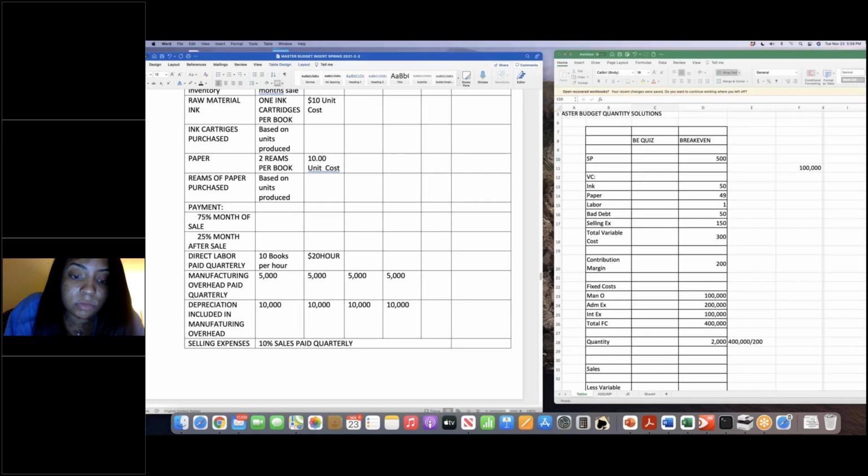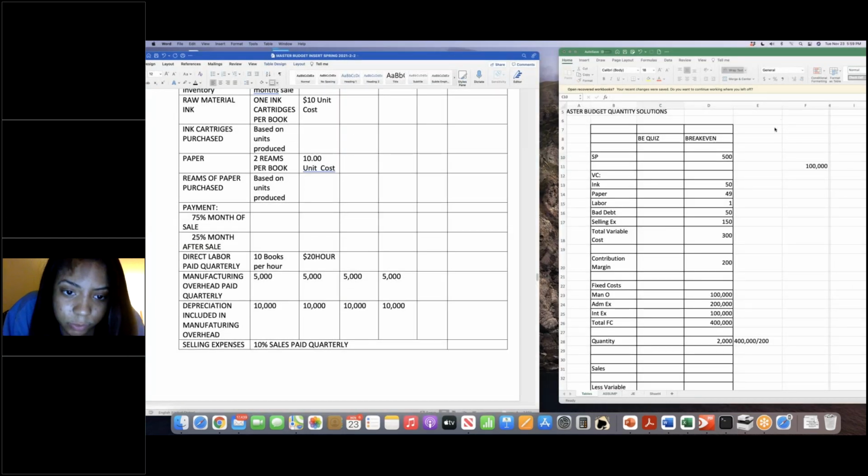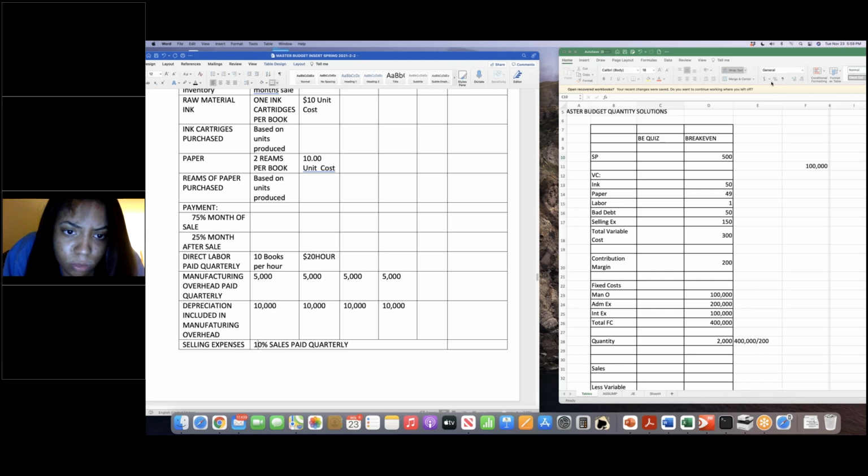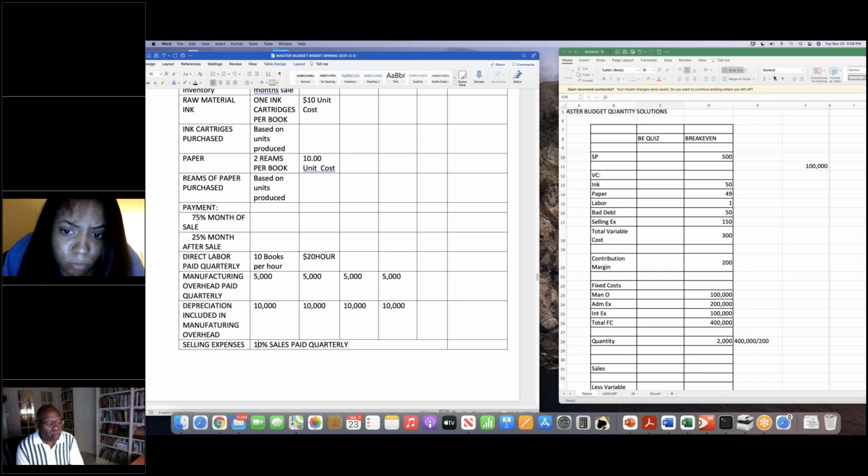Where would you find the variable? We're assuming manufacturing overhead is all fixed for simplicity. Okay, so we're not dealing with variable at all for that one. I think I was getting confused. Okay, then, so we have 32 so far for the variable cost.